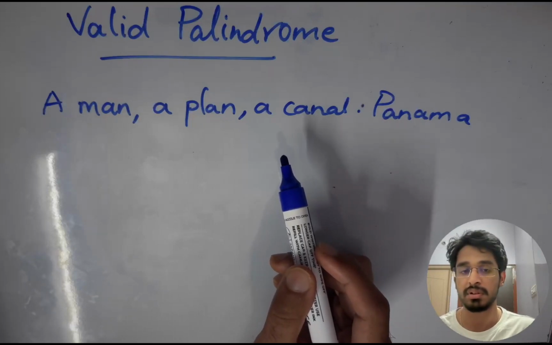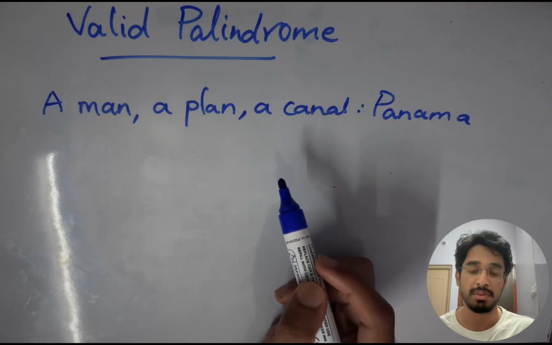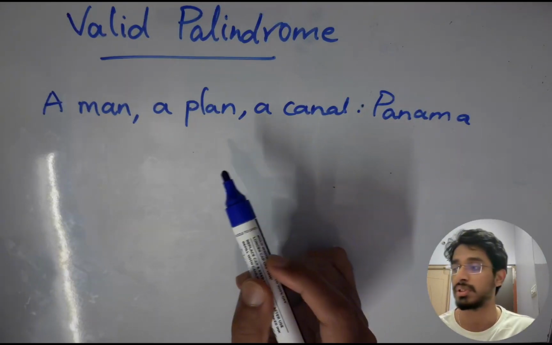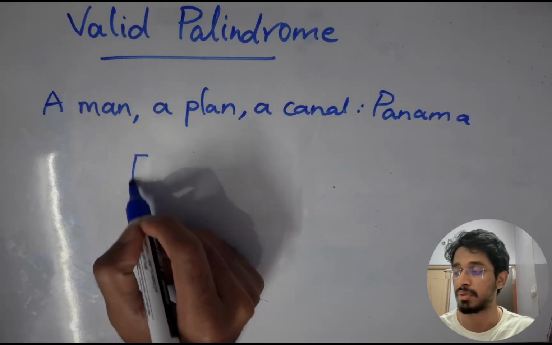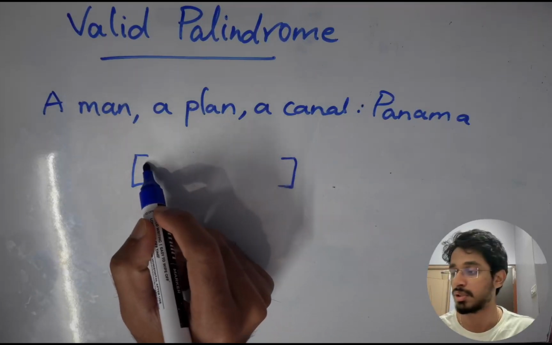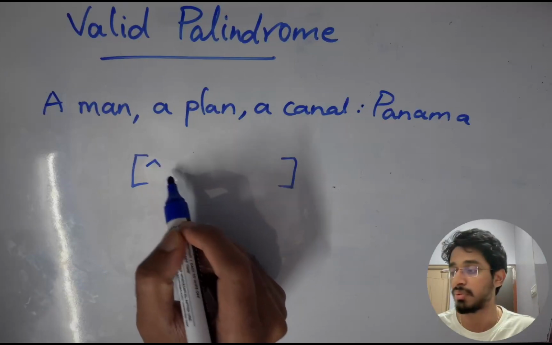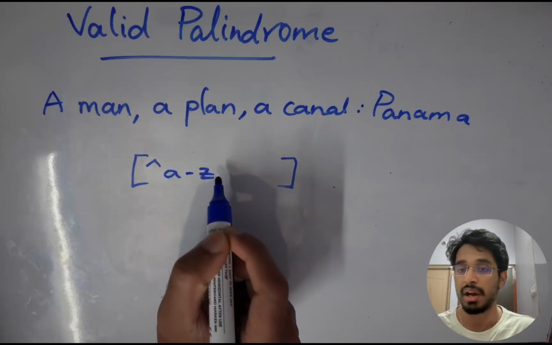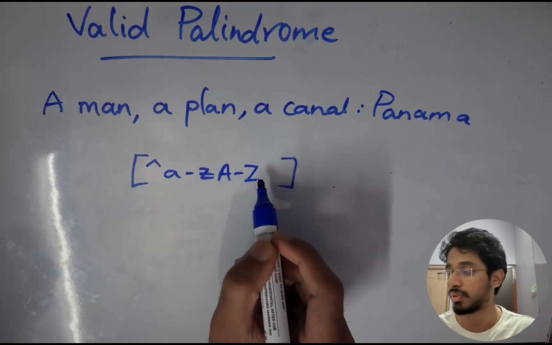The very first way of solving this is by applying a regular expression. We want to filter out all those special characters within the string. The regular expression would look something like this, where you write it inside square brackets. Inside this we use a caret to negate the match, and then we include all the characters from a to z, from capital A to Z, and from 0 to 9.